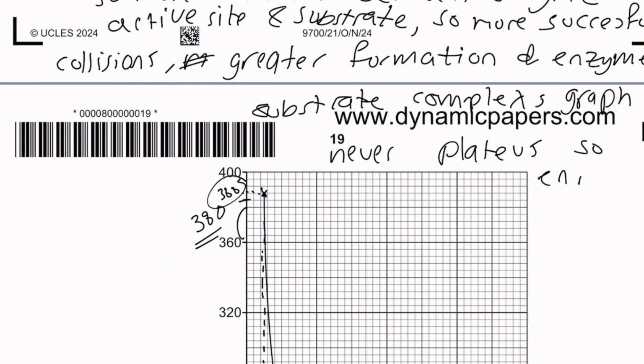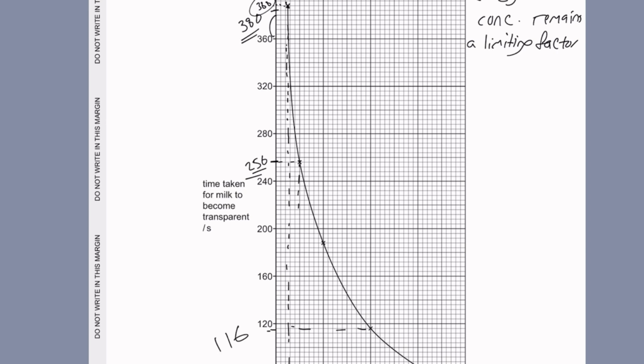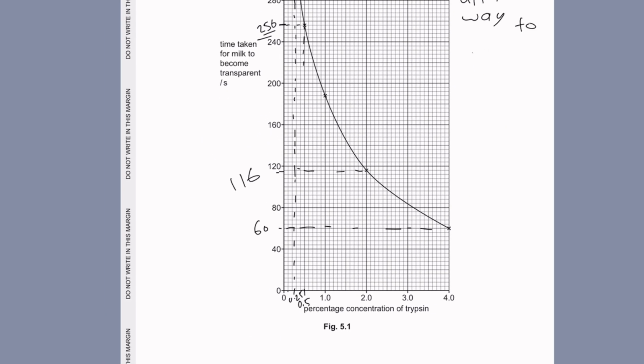So enzyme concentration remains a limiting factor for rate of reaction all the way to 4% or more. We don't know what is the limiting factor exactly.